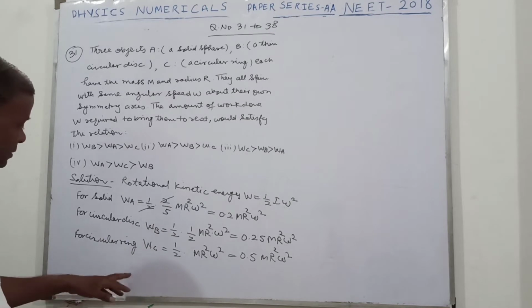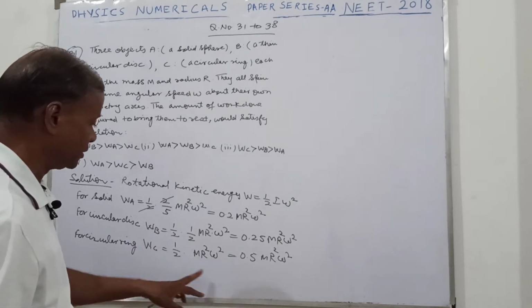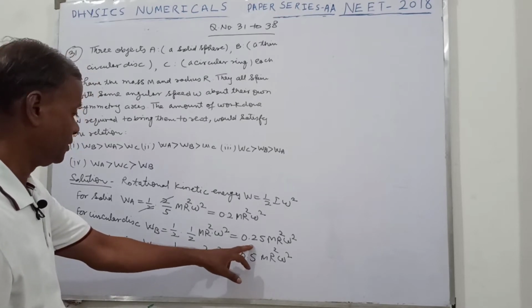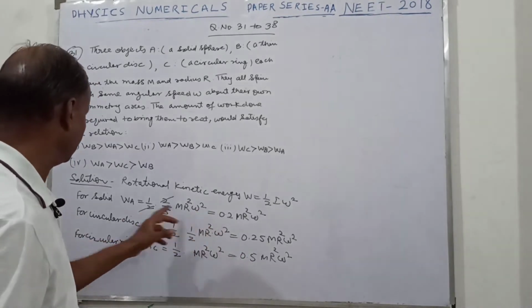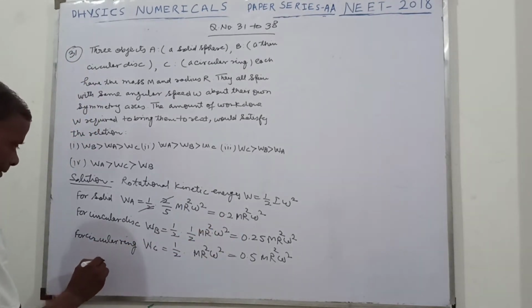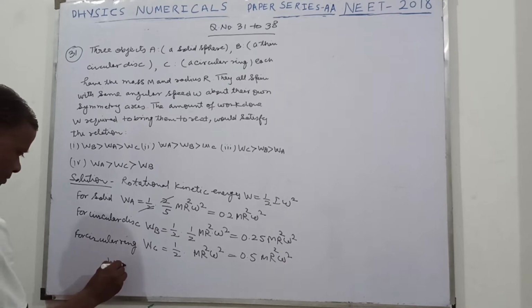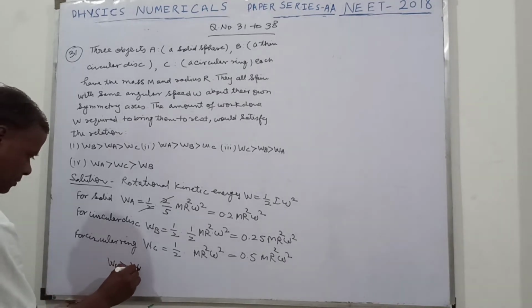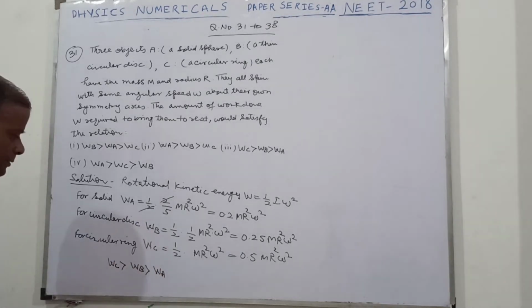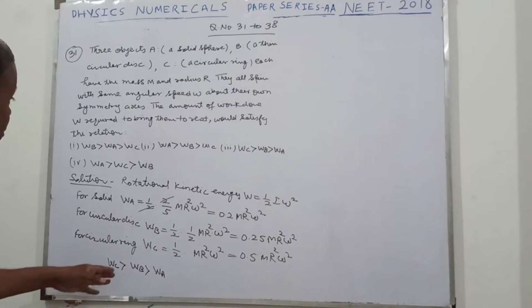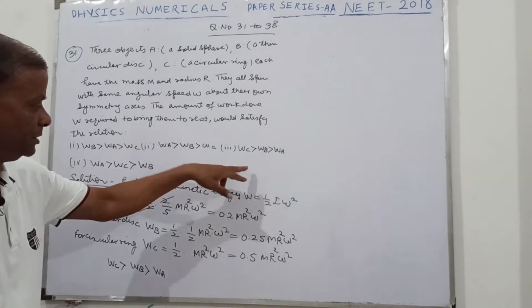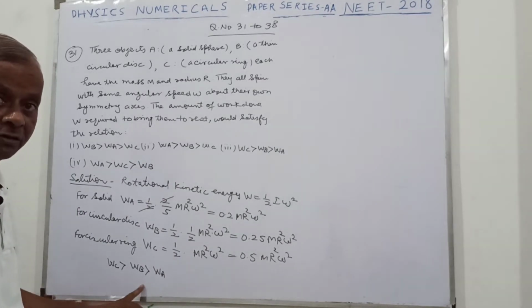Now you can see that for the circular ring the work done is maximum, then it is less for the circular disc and minimum for the solid sphere. So we have the relation WC greater than WB greater than WA. This is in descending order.